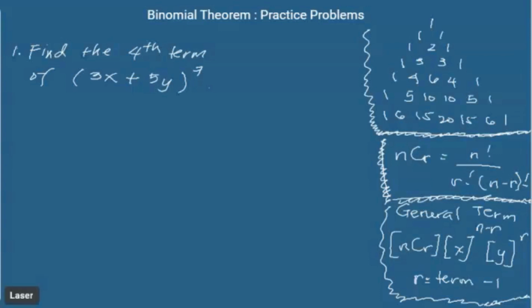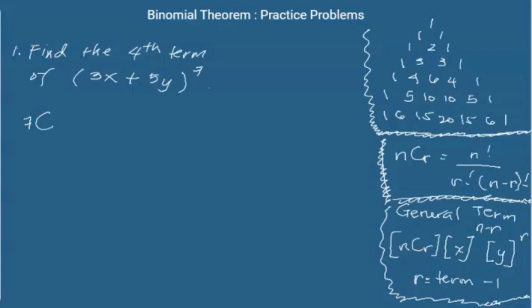Find the fourth term of (3x + 5y) raised to the 7th power. Okay, so we need to find the fourth term. So let's use the general term formula. This would be 7 taken r at a time.